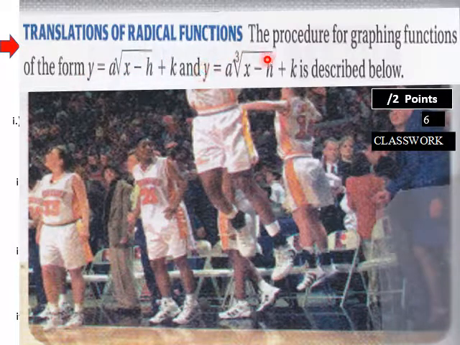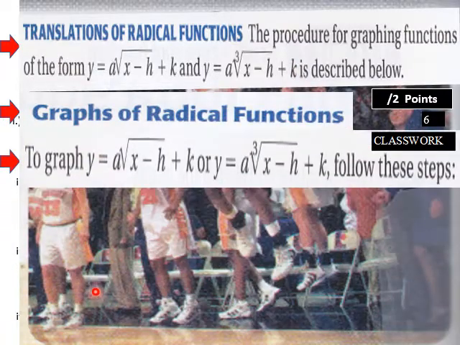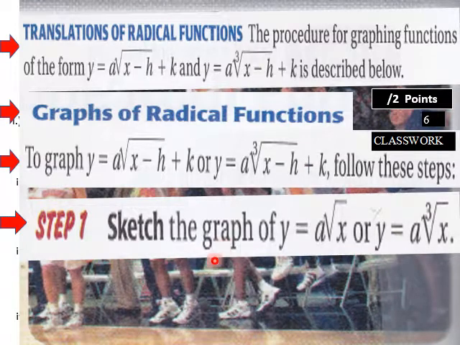Translations of radical functions. The procedure for graphing functions of the form y equals a radical x minus h plus k, and cube roots as well, is described below. To graph y equals a times radical x minus h plus k, you follow these steps.